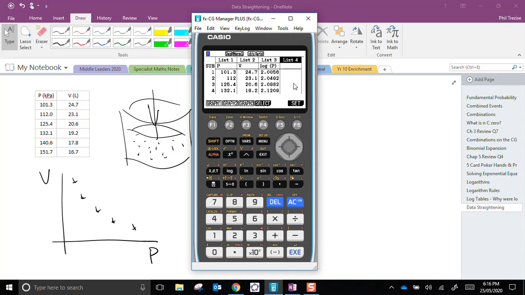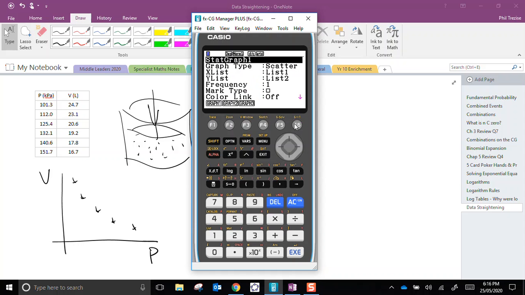Remember, we've got to be at the heading, and I'll do the logarithm of list 2. Oh, forgot the brackets. Go back. I'll put a little heading here. That's the log of V. Where are you, V? There you are. So there's my numbers for list 3 and list 4.